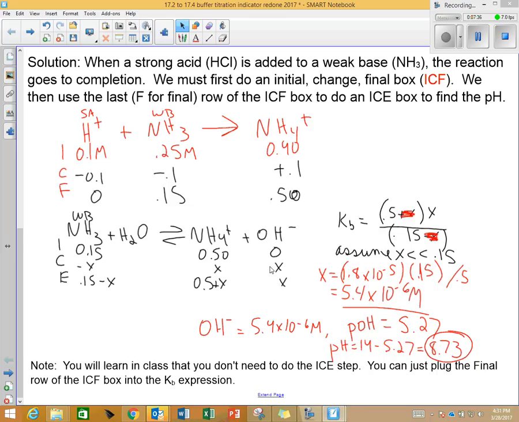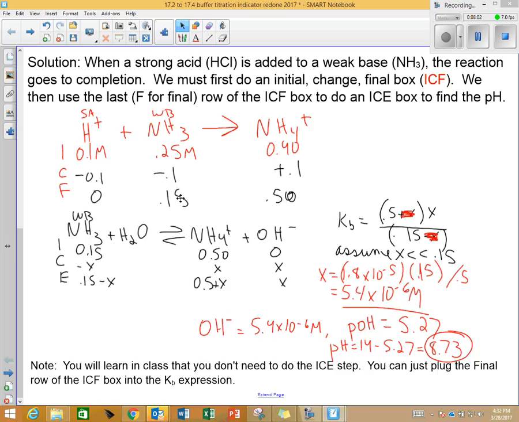Oops, I'm sorry. That didn't look right. The KB expression is NH4 plus times OH minus, which is 0.5 plus x, so I have the 0.5 here. And x is the unknown, that's my hydroxide. And I divide by my reactants. There's my reactants right here. Notice that's the same as the NH3 right here.